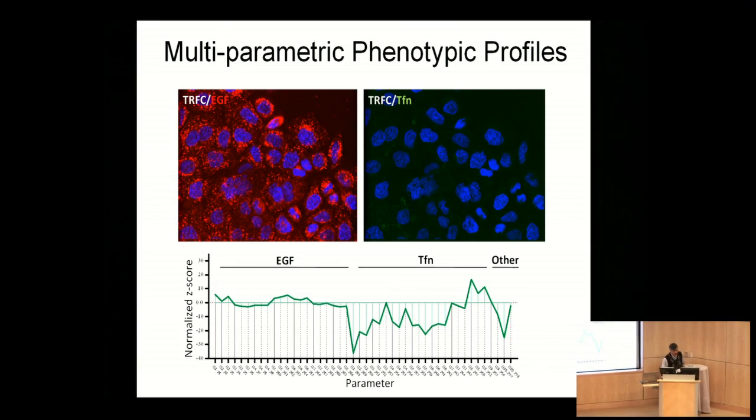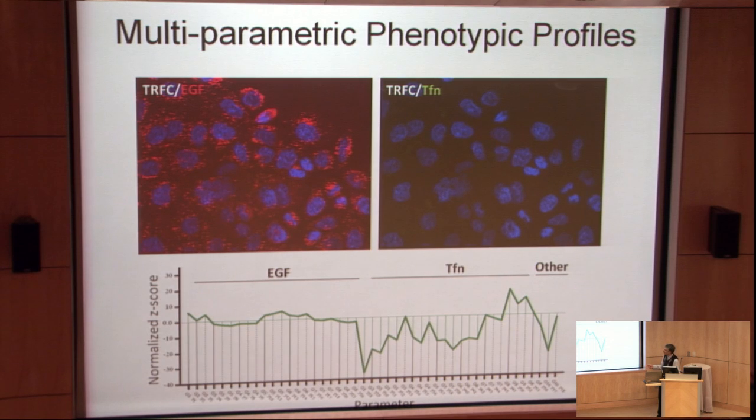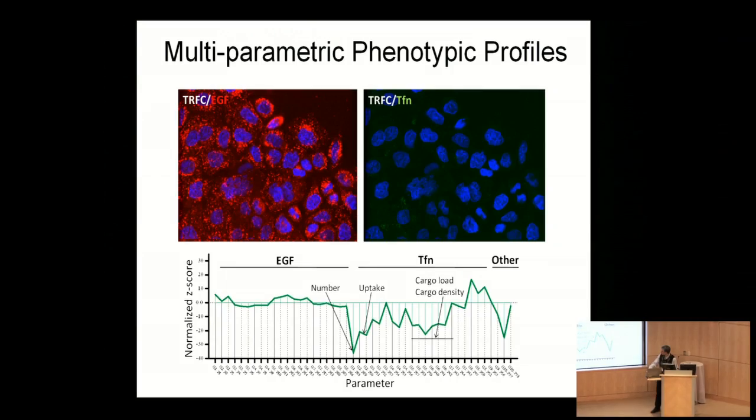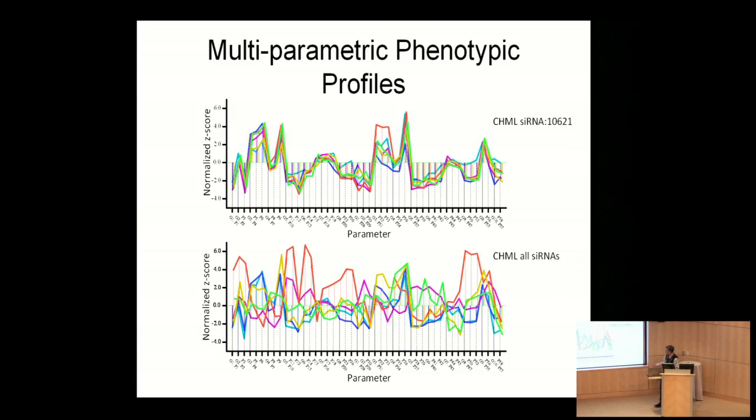For every condition, we start to draw a profile: we divide all our parameters into groups. The group depends on the cargo, in this particular case EGF, and on another cargo, transferrin, another group of parameters. And for every group, we say, okay, this is the change of the number of endosomes, this is the uptake of cargo, this is cargo density, et cetera. So we have an explanation of this.